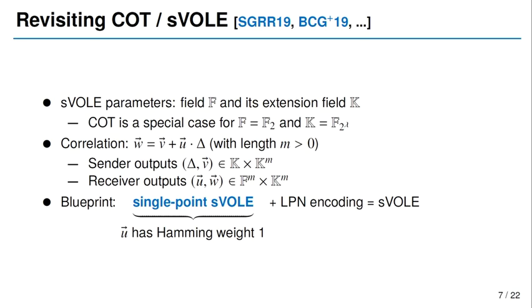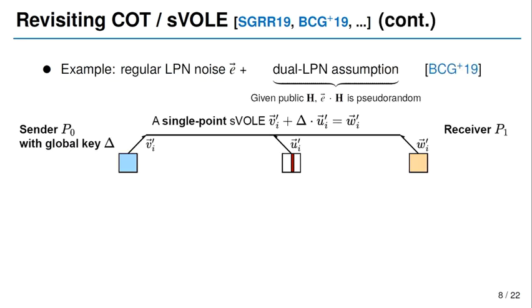In a previous blueprint of SVLE, one can obtain SVLE from single-point SVLE plus LPN encoding. Here, single-point SVLE stands for a special SVLE where the vector U has exactly one non-zero entry. For example, we can consider regular LPN noise with the dual LPN assumption.